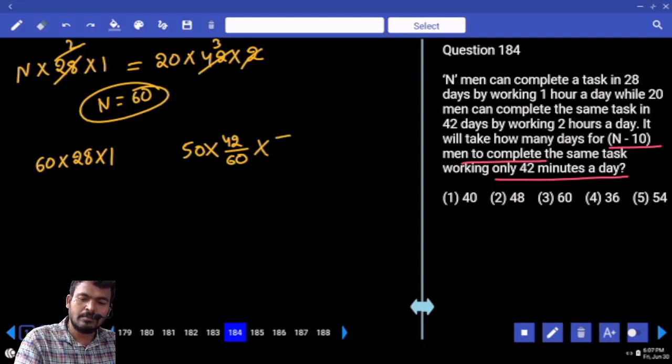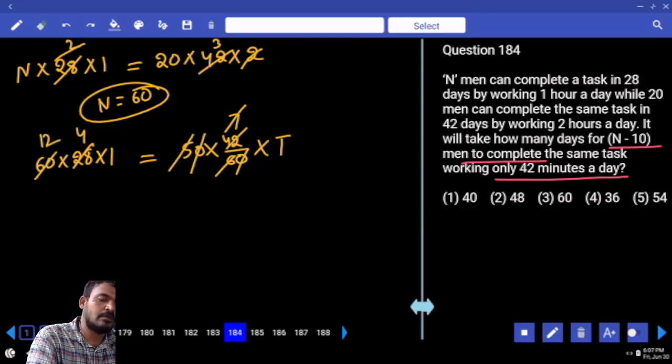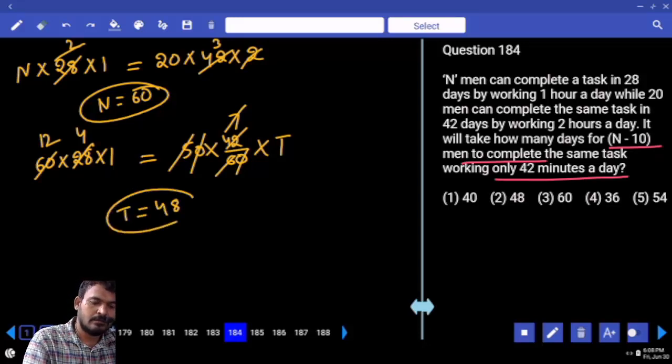Both sides are equal. Here the zeros cancel, 6 is almost 7 times. 7 times 4 is 28, again 5 and 12 times, 12 times 4 is 48. T equals 48 days.